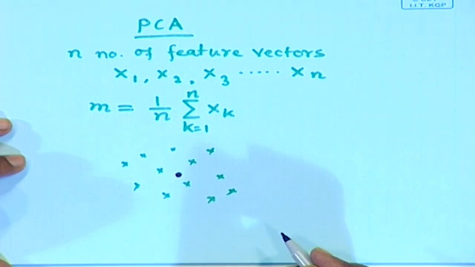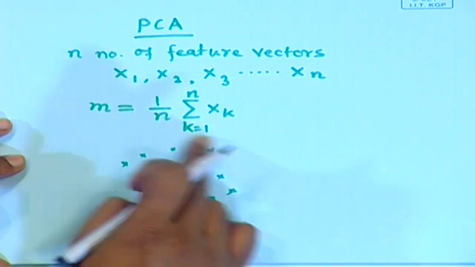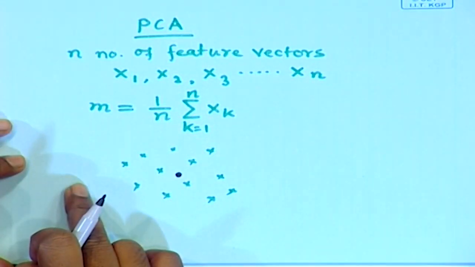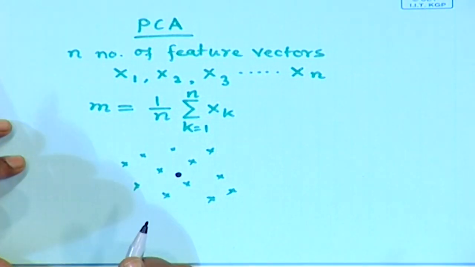If I want to represent these d-dimensional feature vectors by a 1-dimensional feature vector, that means I have to represent these feature vectors somehow onto a line. The d-dimensional feature vectors will be mapped to different points on a line.